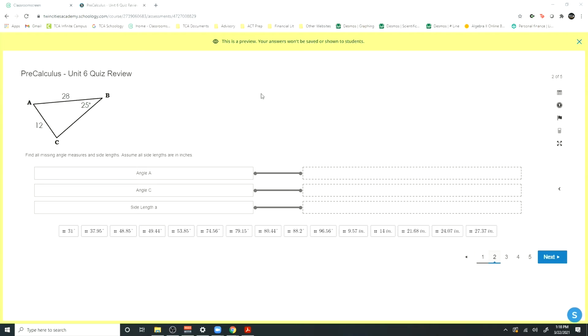All right, plug in what we know. So sine of 25 over 12 is equal to the sine of some unknown c over 28.